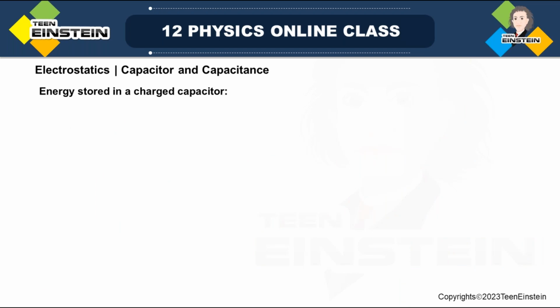Now we'll learn one important topic in this capacitance and capacitor chapter, that is, energy stored in a charged capacitor. Suppose I have initially a two parallel plate capacitor, and initially there were no charges.